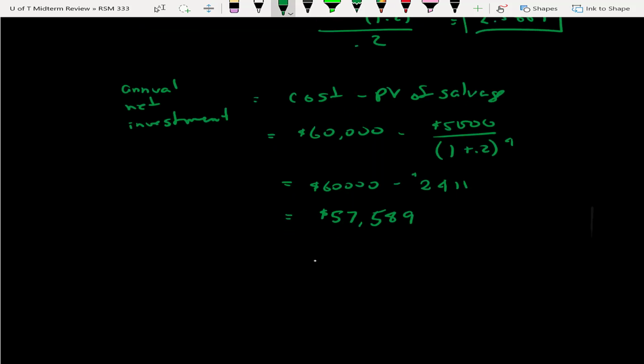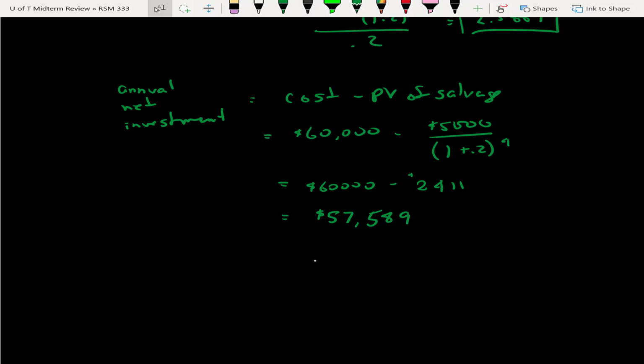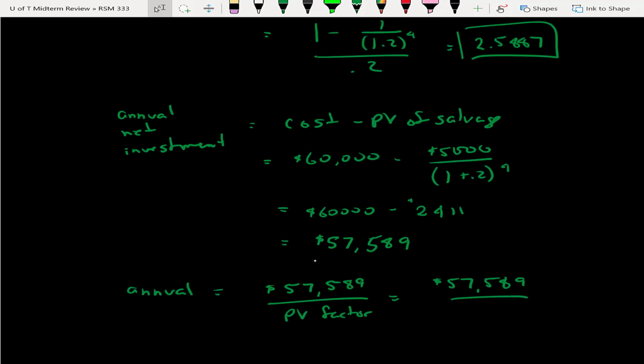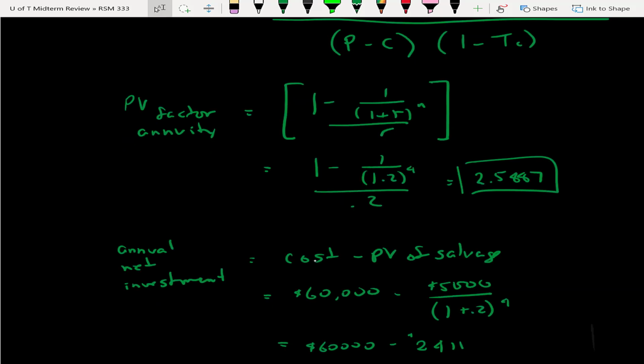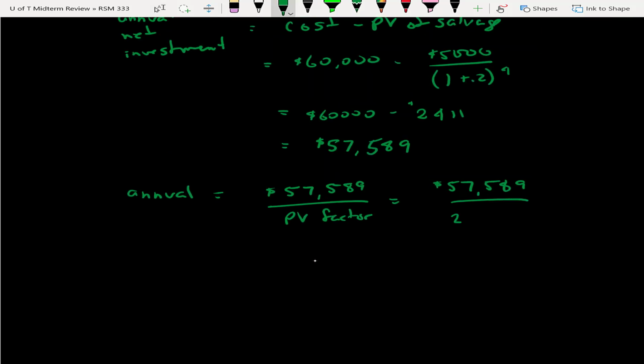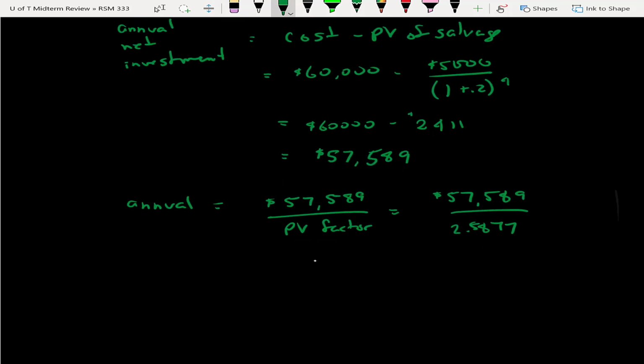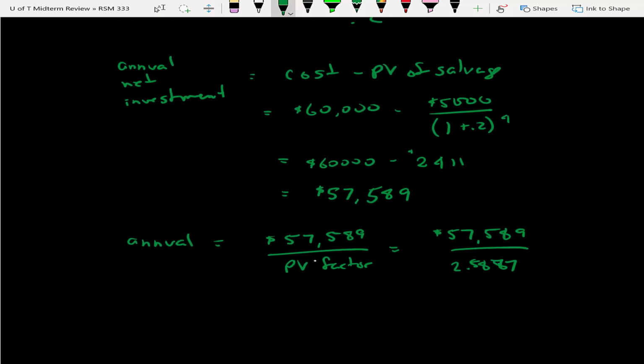But that's not the annual amount. The annual investment is going to be the 57,589 divided by the PV factor for the annuity, which we calculated: 57,589 divided by 2.5887.